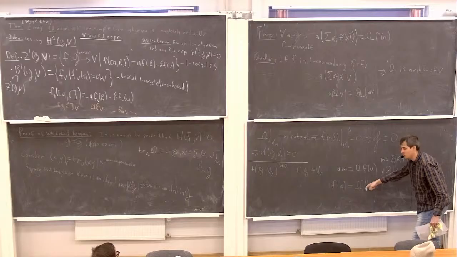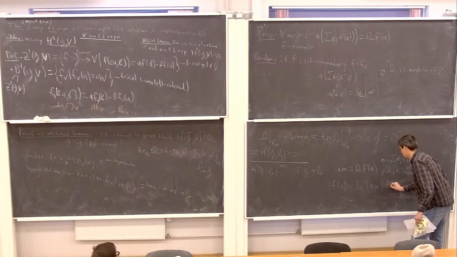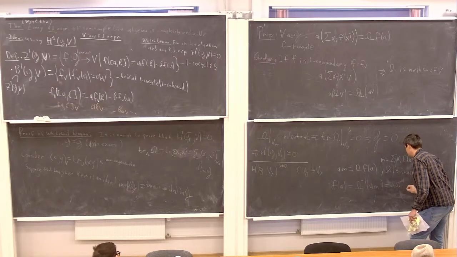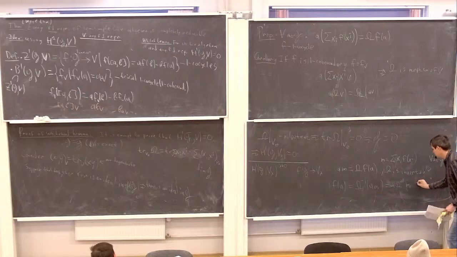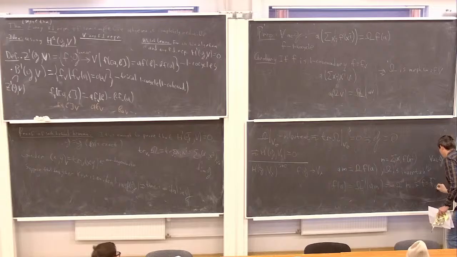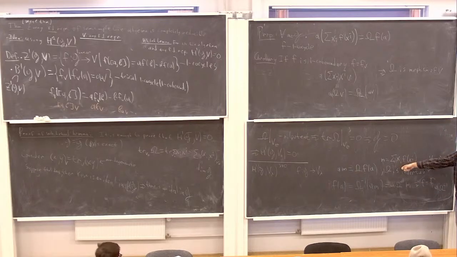Omega commutes with a, so omega minus 1 also commutes with a, so it's equal to a omega minus 1 m, for any a from G. Therefore f is equal to f of omega minus 1 a omega minus 1 m. So we started with an arbitrary one-cocycle and got that it is a one-coboundary. The cohomologies are 0.